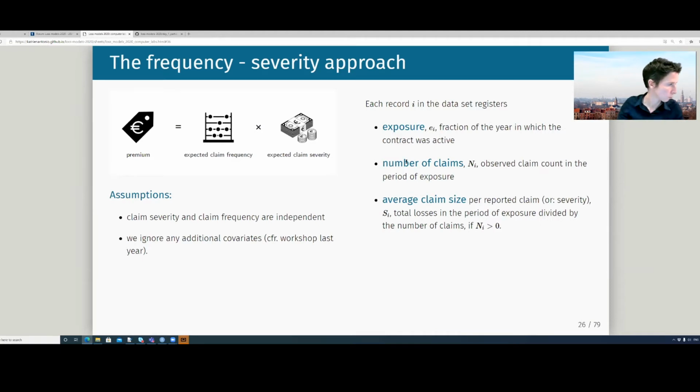We've got the number of claims, the observed claim count in the period of exposure. And we also have the average claim size per reported claim: the total losses observed in the period of exposure divided by the number of claims reported. That's typically what we refer to as the severity.